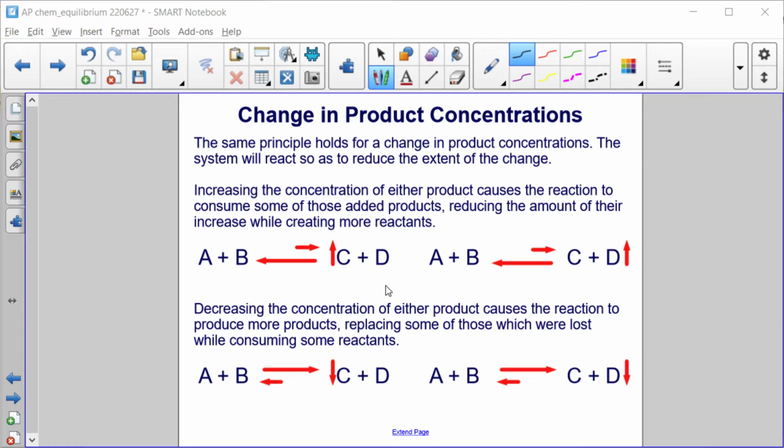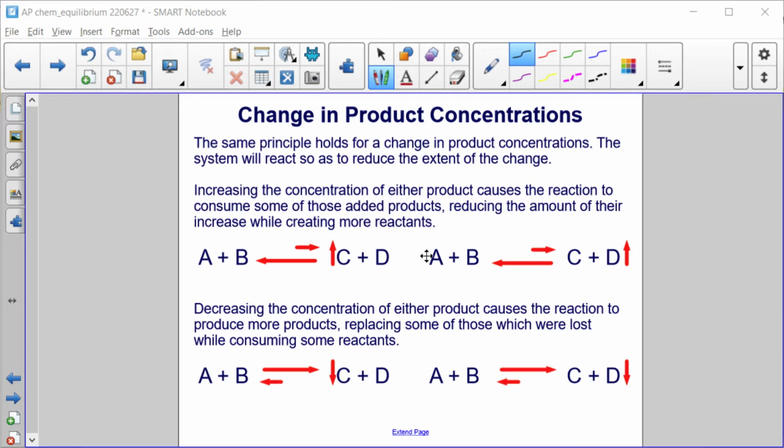So we'll consume some of this product and shift our equilibrium toward the left and create more reactants. Same occurs if I increase the concentration of D. I use up some of it and shift the equilibrium back towards the reactants and create more reactants.